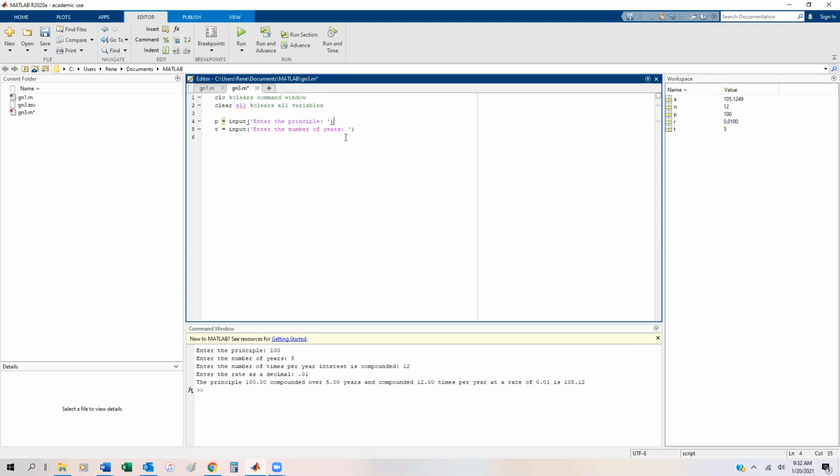And I should suppress these because if we don't, then it's probably going to echo print. Let's say n is going to be equal to input, and we're going to say enter the number of times compounded per year.